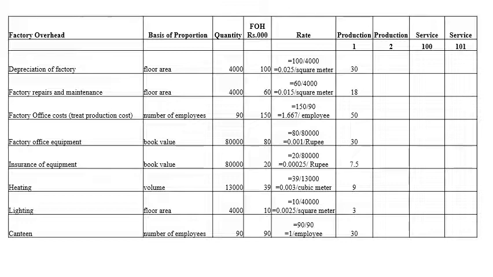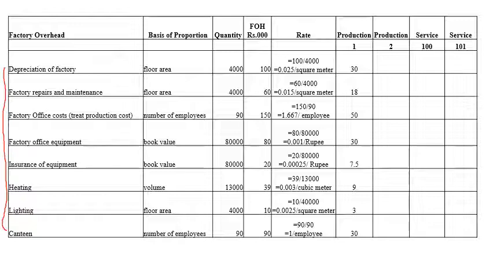For example, you will have to make this table. Here is the factory overhead: depreciation of factory, factory repairs and maintenance, factory office cost, factory office equipment, insurance of equipment, heating, lighting and canteen. These are the total FOH which were incurred in the whole factory.